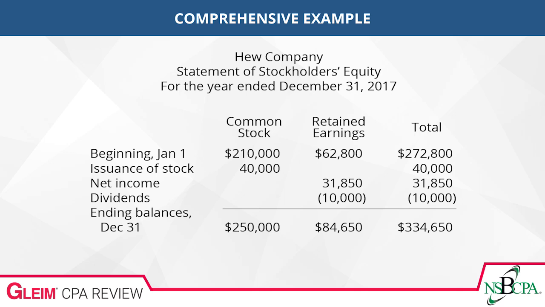Here is the statement of stockholders' equity for the year ended December 31st, 2017. This company has two components of stockholders' equity, common stock and retained earnings. Each column summarizes the activity for the account for the year. The column for the retained earnings follows the formula we talked about for retained earnings: the beginning balance plus net income and less dividends.